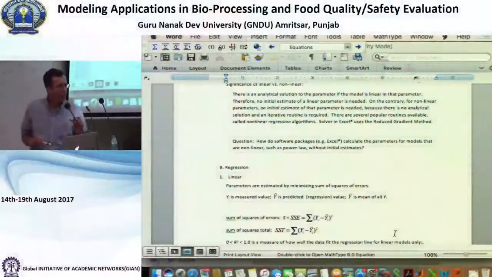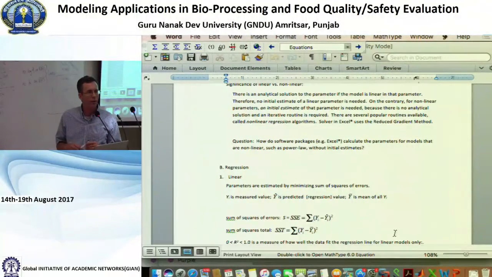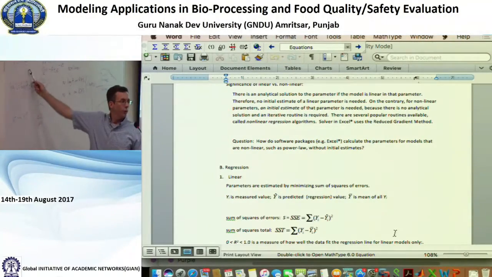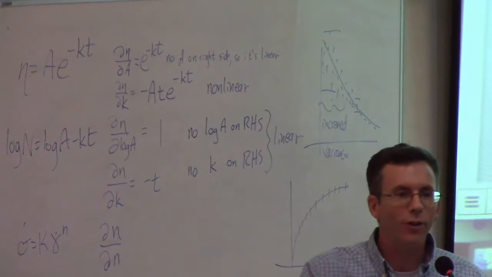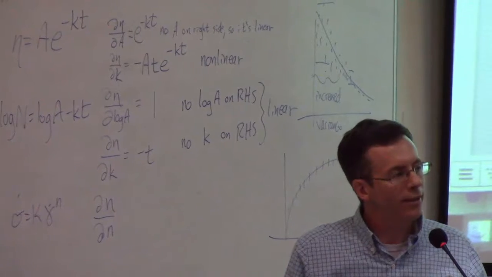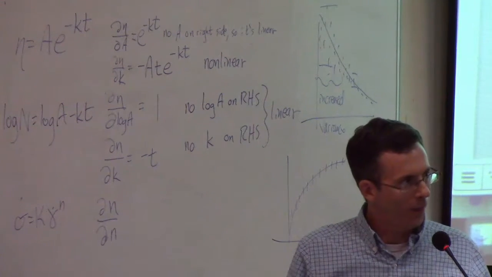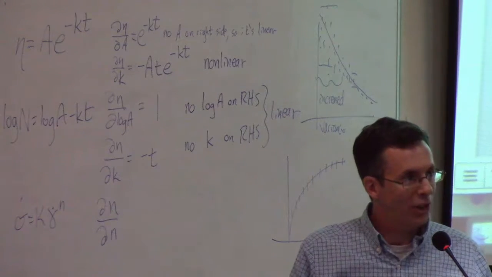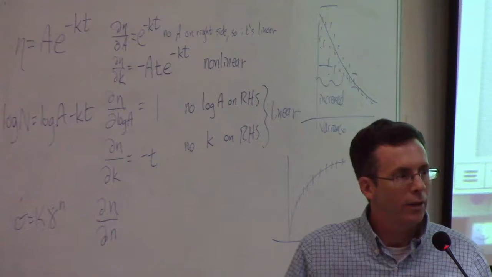So you might say to me, but I use Excel and I get the result for the nonlinear models, like this one, and there's a log model, right? You've used it. You get a trend line, right? You've done the trend line in Excel. So how does Excel get the answer? Because it doesn't ask for a guess of your parameters. You know what it does? I checked. I went in and I looked at the manual for Excel.